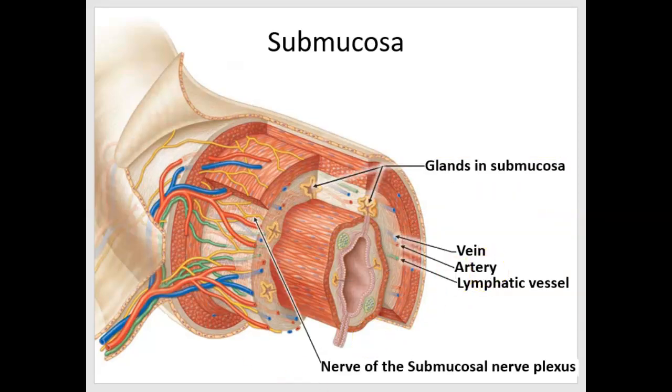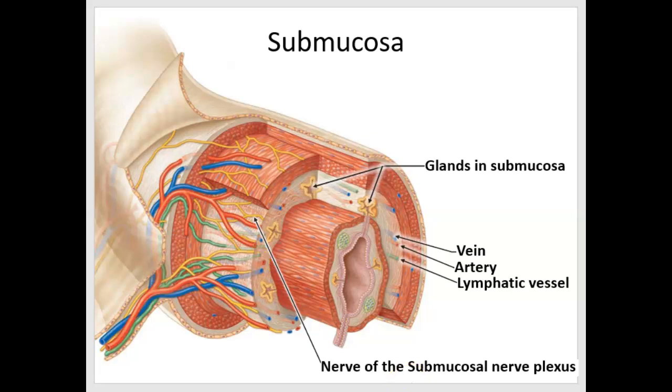The next layer outward is the submucosa, and the submucosa consists largely of loose connective tissue, and this provides a matrix through which a very rich supply of arterial and venous blood vessels run. There are also lymphatic vessels in there, shown as green. So this is where a lot of exchange of materials occurs between the blood and the tissue of the gut, in this submucosal region.